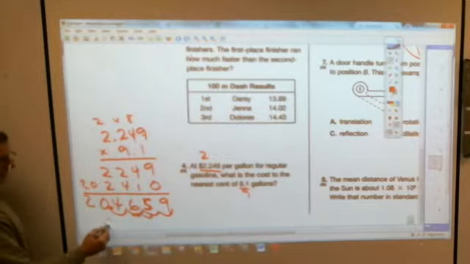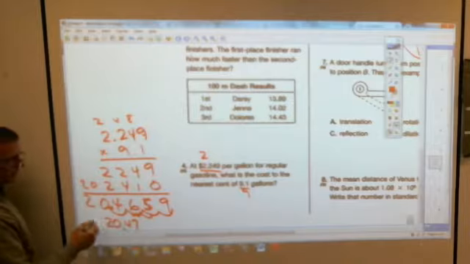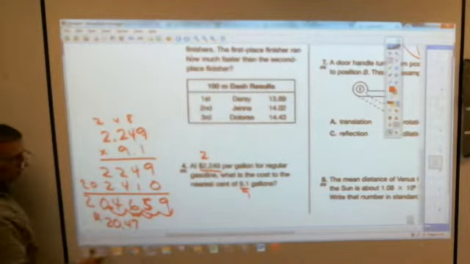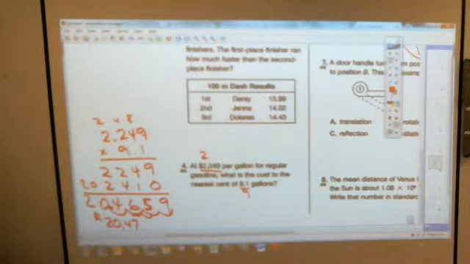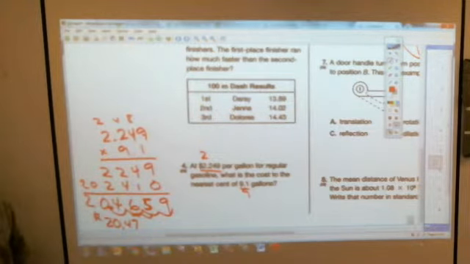So you would have to pay at the pump $20.47, which should make you a little upset because you actually paid 4 thousandths of a cent more than you should have. Correct?